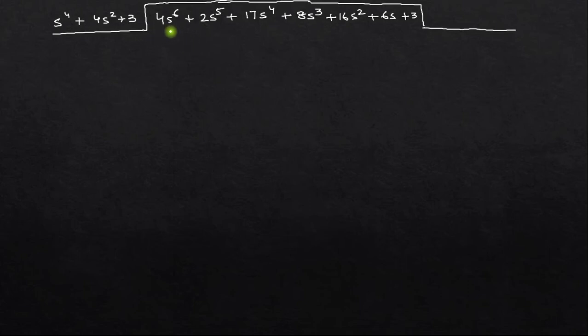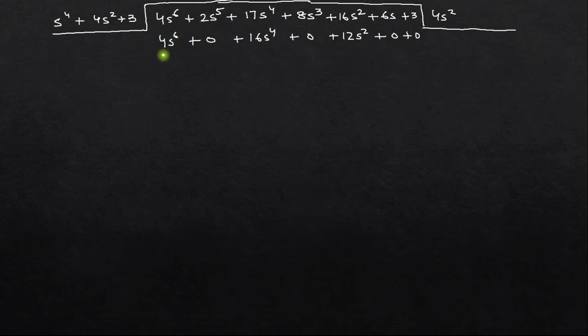Remember here. So to get 4S^6, I need to multiply this factor with 4S^2. If I multiply this 4S^2 with this factor, I will get 4S^6. When I multiply 4S^2 with this 4S^2, I will get 16S^4. So I will write it here plus 16S^4. With this plus 3, I will get plus 12S^2, and the other terms are 0, plus 0 and plus 0.